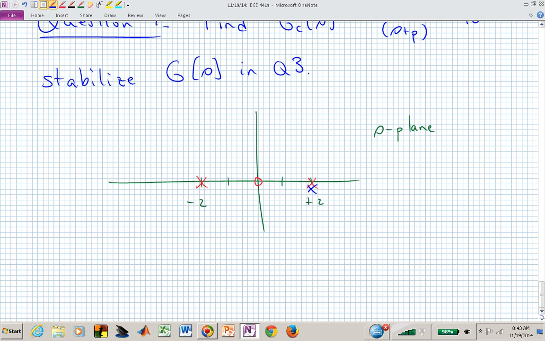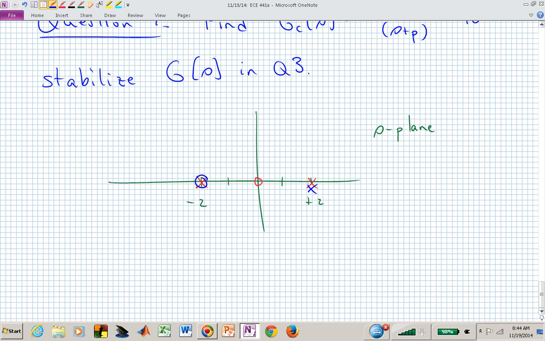So we don't want to finish here. What I would do is I would say, oh, I could put a zero. Why don't I just cancel that one? Now you can effectively erase that pole zero cancellation. And what's the root locus look like for this configuration of poles and zeros? Now what's my pole zero excess?